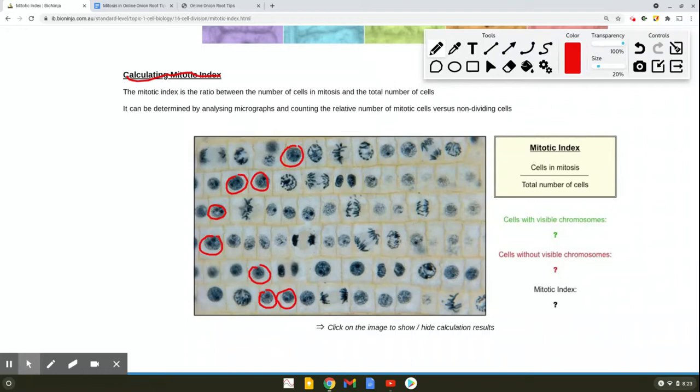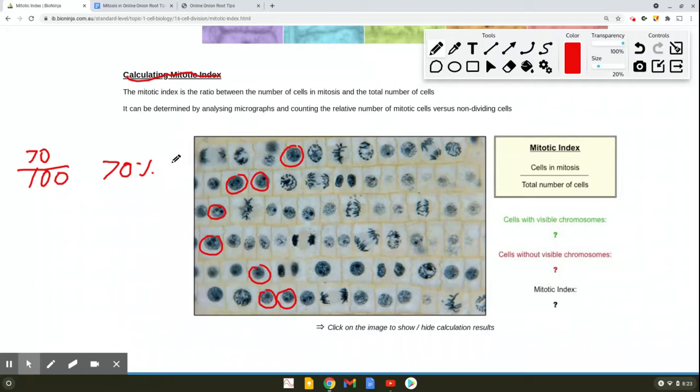Okay. So it turns out that what we can do with this information, if we counted all these cells, so say there were 100 cells total, okay, and 70 of them were in interphase, then that would be 70% of them are in interphase, right? And so what we can actually do is calculate the amount of time that these cells spend in each different phase.